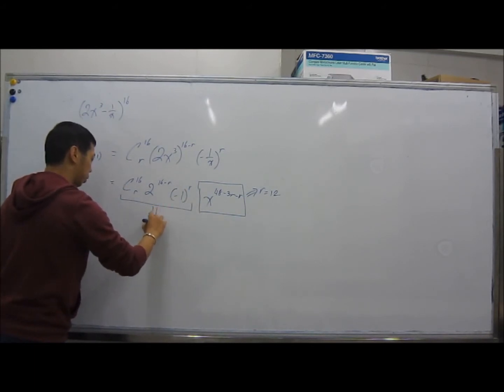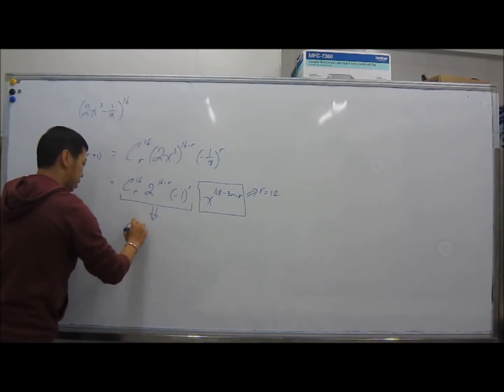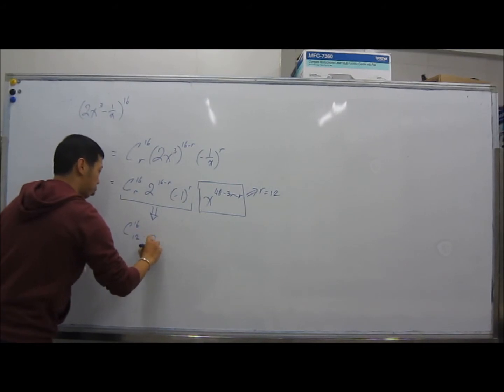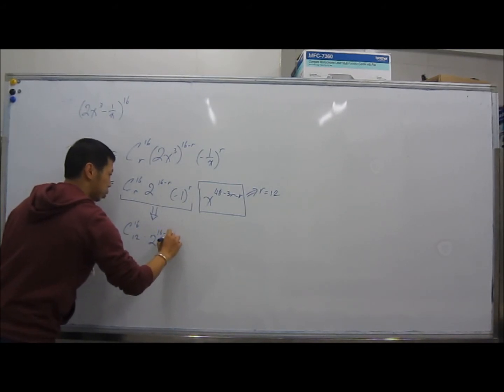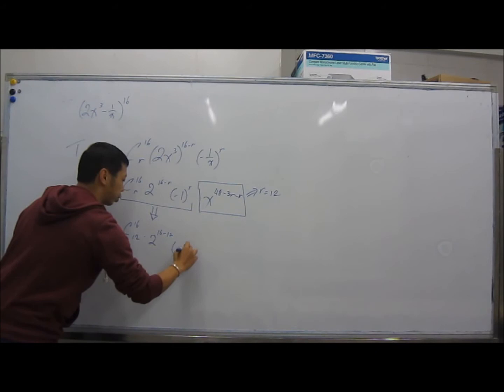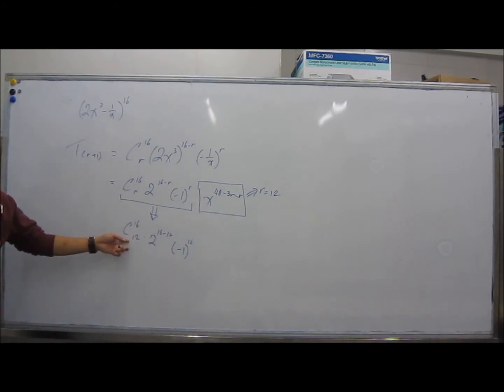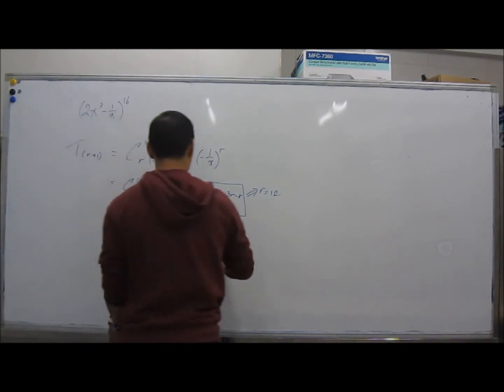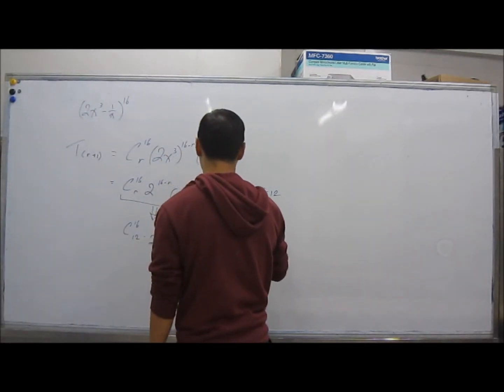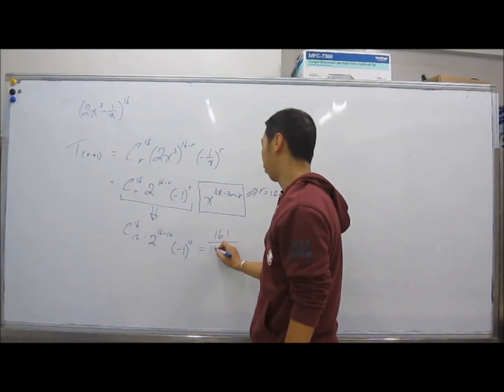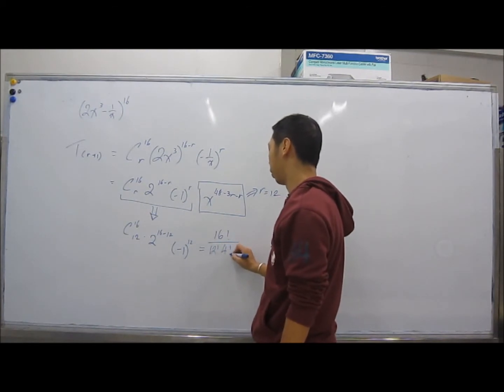Okay, for here, C(16,12) times 2^(16−12), and then (−1)^12. After this you can use any calculator to calculate it. That is 16 factorial over 12 factorial and 4 factorial.